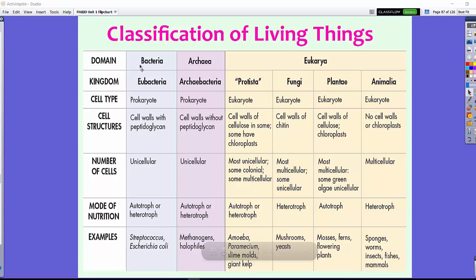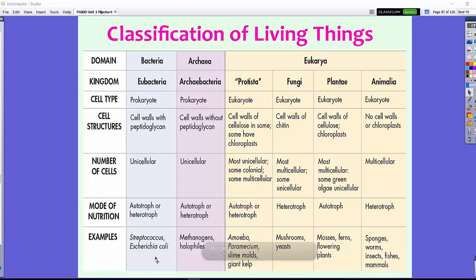As I mentioned, we have these three domains here, and in kingdoms, we have six kingdoms. What's interesting is that when we're talking about domains, especially Bacteria and Archaea, they each only contain one kingdom. So let's take a look down here at the bacteria domain.